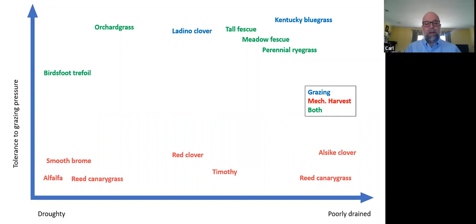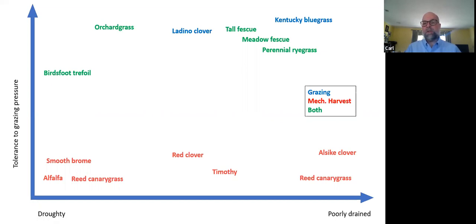Some species are better suited to droughty areas, so something like birdsfoot trefoil or orchard grass tend to do well if they can tolerate a certain amount of droughtiness, and might be best suited in more well-drained soils. Other species like to have a little bit more moisture.